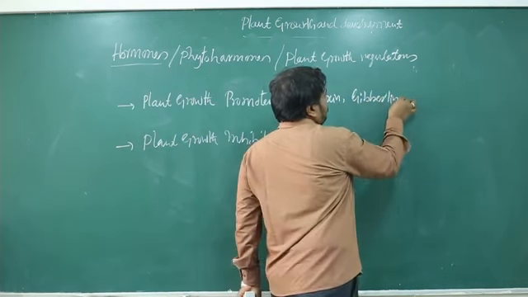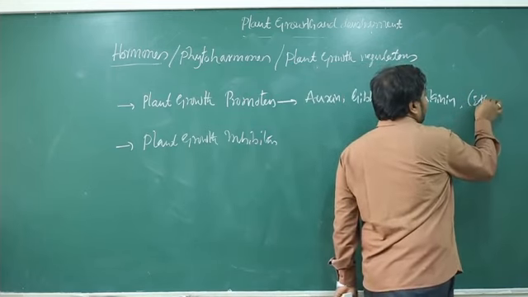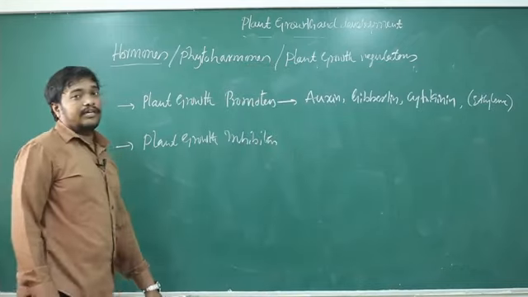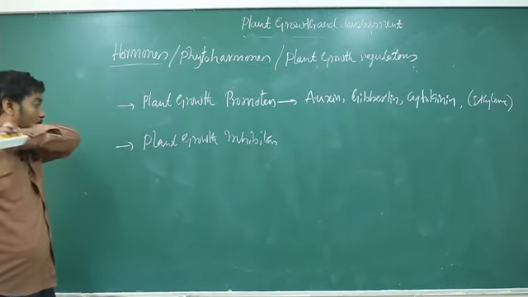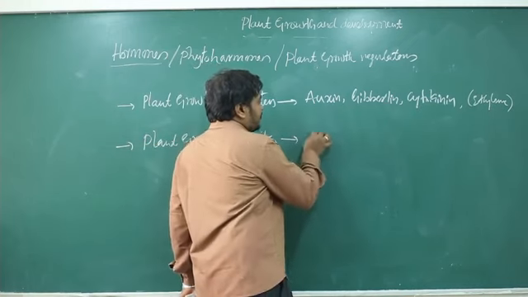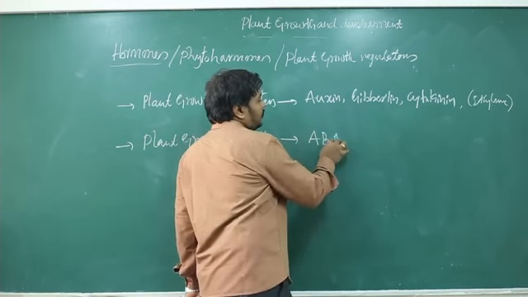Sometimes ethylene is also considered a growth promoter, but in some cases it acts as a growth retarder. Abscisic acid is the major plant growth inhibitor.